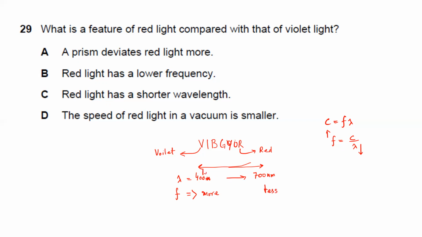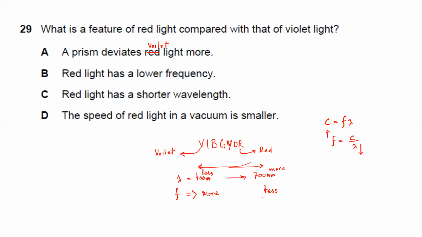Similarly, the wavelength for violet is less, and the wavelength for red will be more. So remember, a prism deviates red light more? What actually happens is that higher frequencies are deviated more, so violet is deviated more, not red.